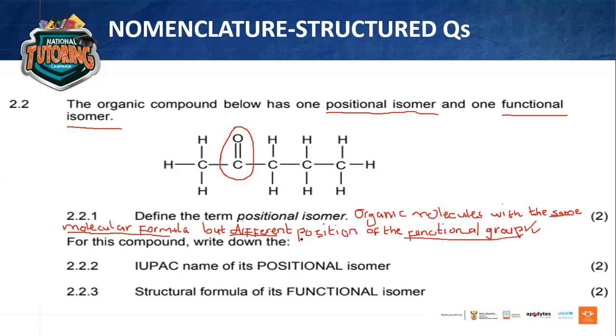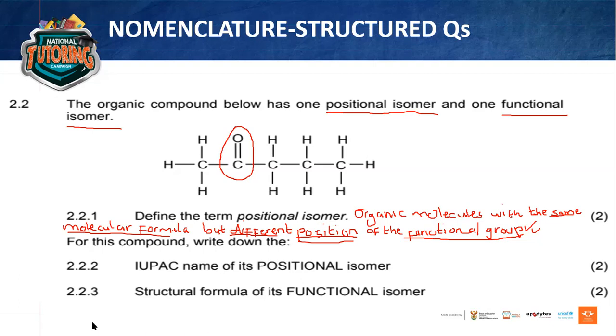Now, if you omit the word position, you are going to lose marks, because if you omit the word position, it will read at different functional groups, and that will be wrong, because now when the molecules start to have different functional groups, then we are referring to functional isomers. So it's a different position of the functional group.